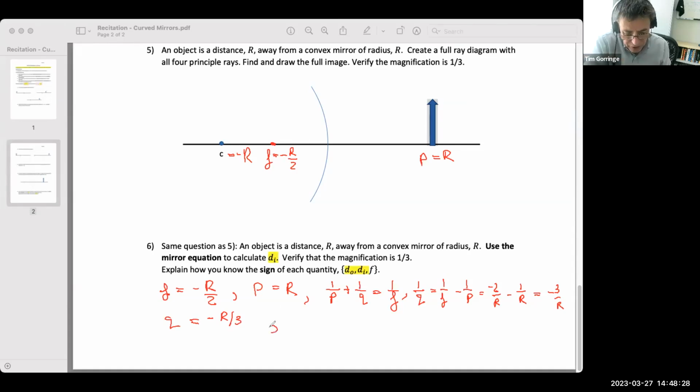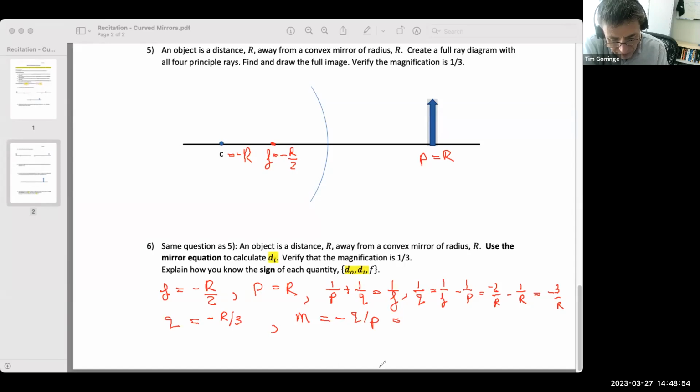What about the magnification? The magnification equation is that the magnification is minus the ratio of the image position divided by the object position, with this minus sign here. Q is minus R over 3.